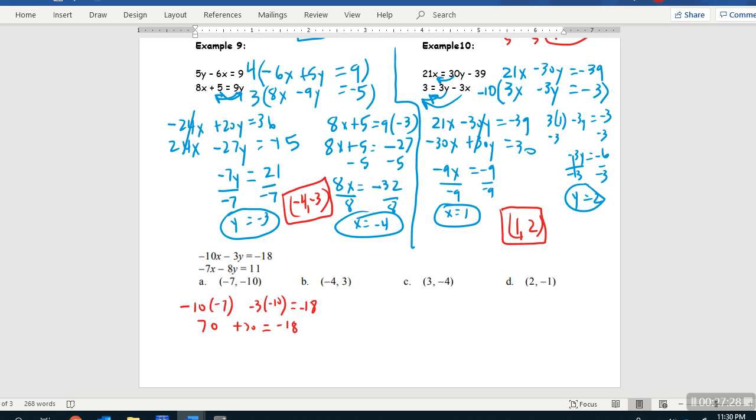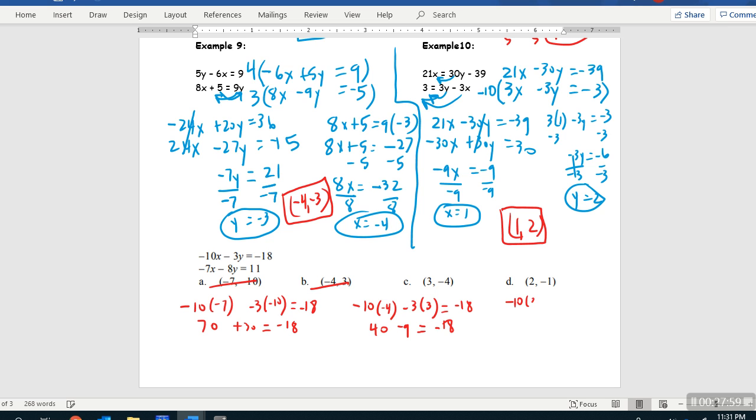No. So it's not A. Let's check B. Negative 10 times negative 4 minus 3 times 3 is supposed to equal negative 18. So let's see, that would be 40 minus 9, which is 31, does not equal negative 18. So B is out.